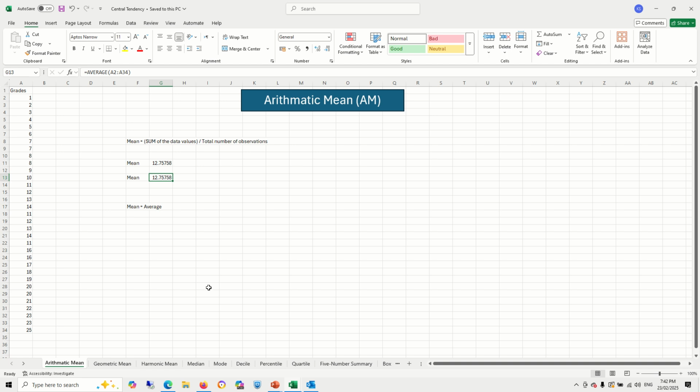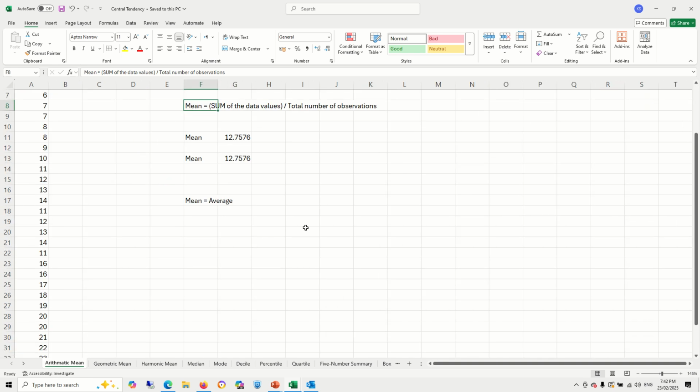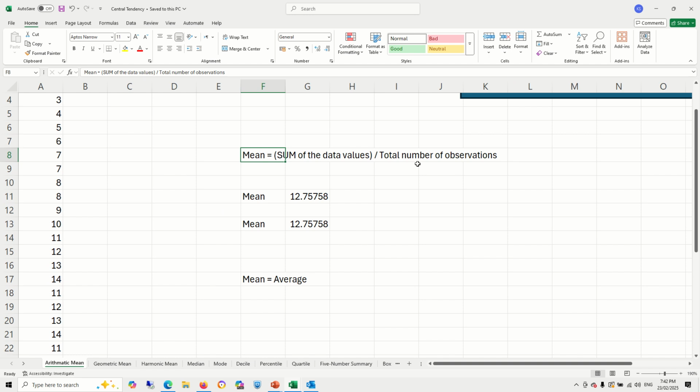The arithmetic mean means simply, as you see on the screen, the sum of data values divided by the total number of observations. For example, say that you have sales results for 12 months, and you want to get the average of these sales values.